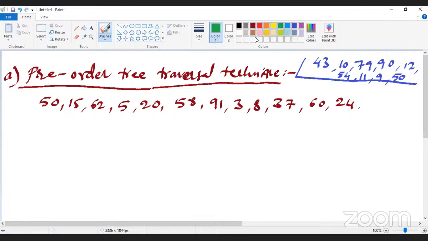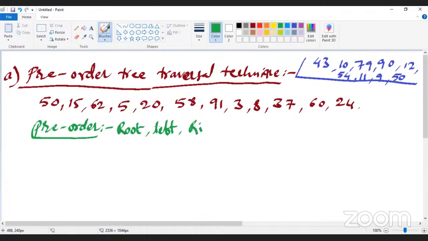How will pre-order work? It is not ascending order. First the root will come, then the left subtree, then the right subtree. In the subtree, you take the root first, then the left node, then the right node.